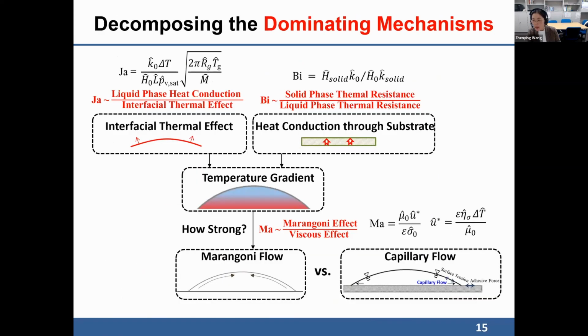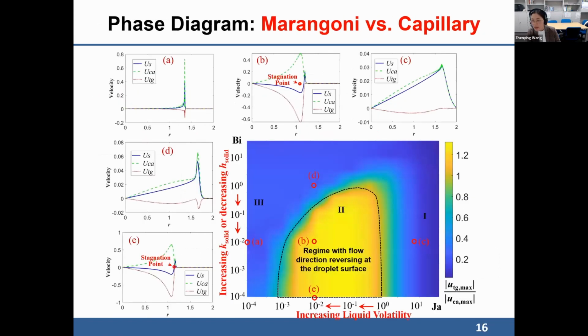Additionally, based on this dominating mechanism, we formed a phase diagram based on our analysis before. This axis is the Jacob number, and this axis is the Biot number. The Jacob number can be regarded as the expression of the liquid volatility, and the Biot number can be regarded as the ability of heat dissipation into the substrate, for example with changing substrate conductivity or changing substrate thickness.